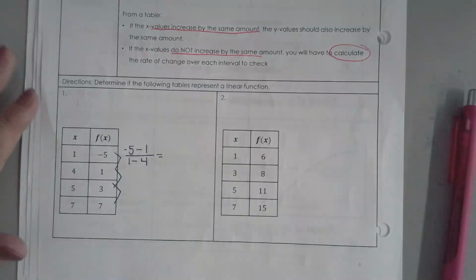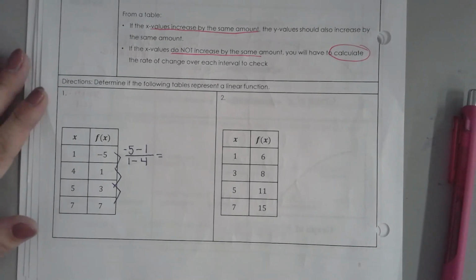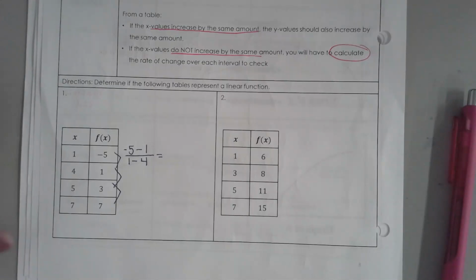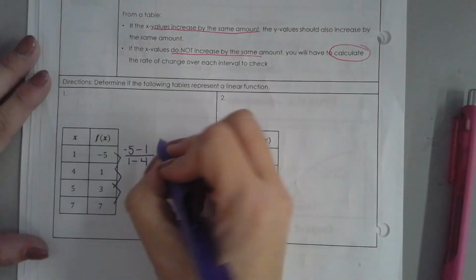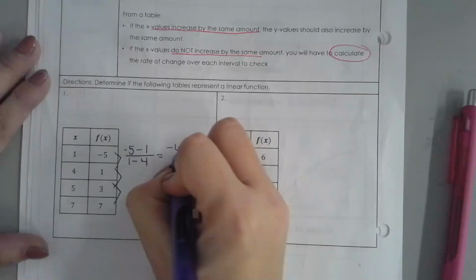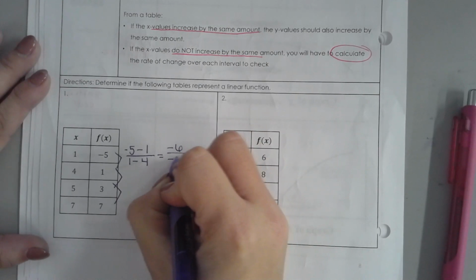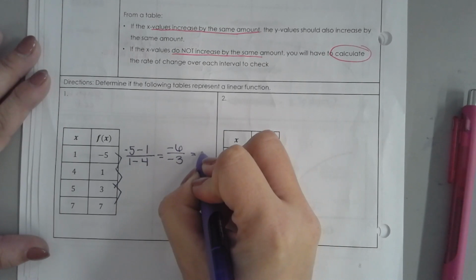You will be expected to do this without a calculator. So negative 5 minus 1 is negative 6, over negative 3, which is 2. All right.